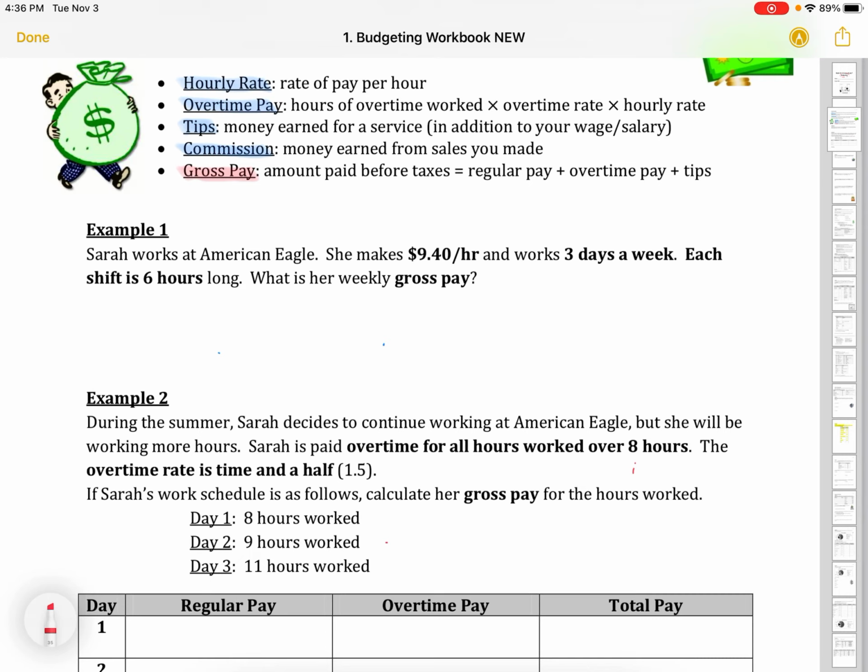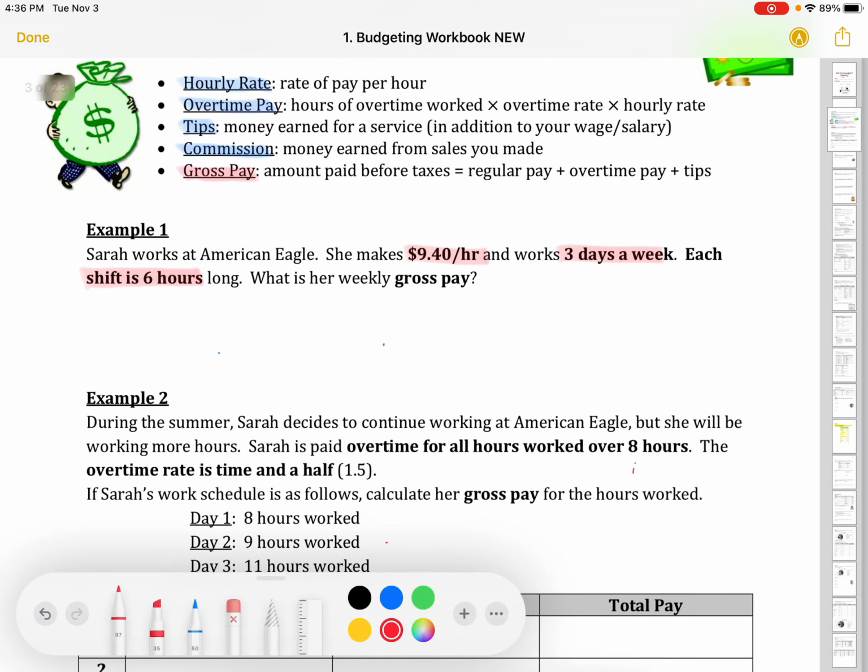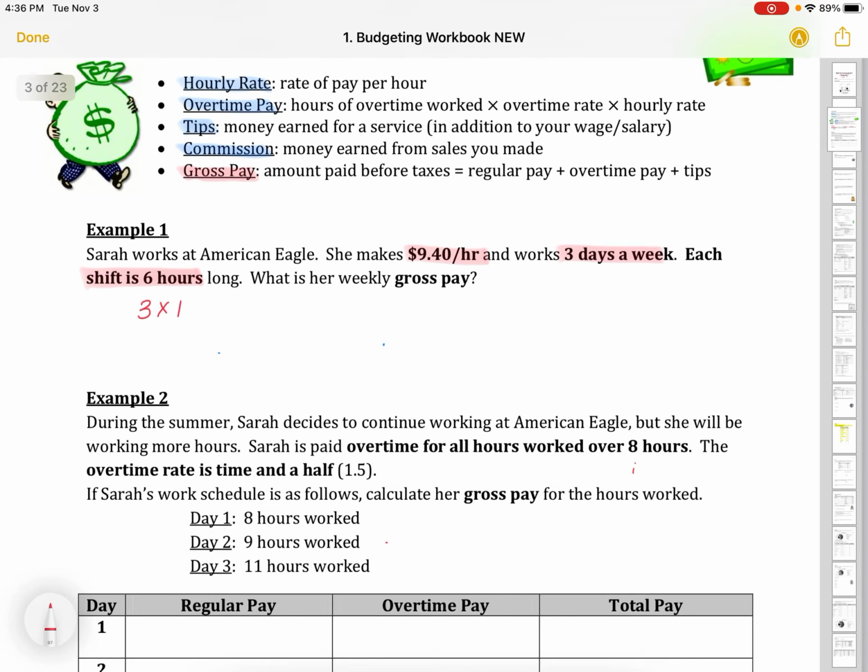Sarah works at American Eagle. She makes $9.40 an hour and works 3 days a week. Each of her shifts is 6 hours long. What's her gross pay? First we have to figure out her total number of hours. So her hours is 3 times 6, which is 18 hours.